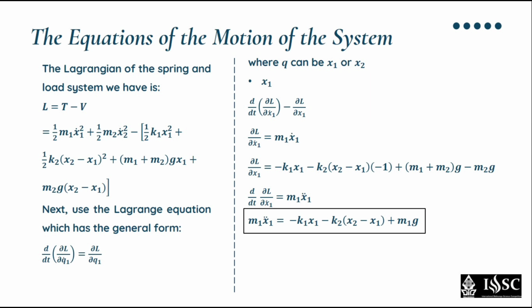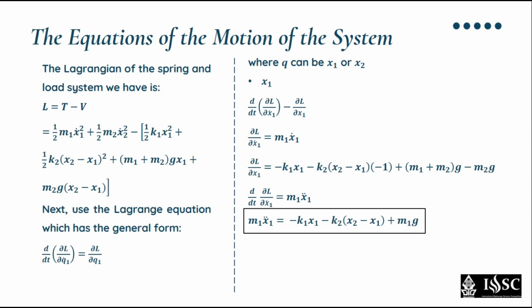Point 1, x1: d divided by dt of partial L divided by partial x dot 1 minus partial L divided by partial x1. Partial L divided by partial x dot 1 equals m1 x dot 1.